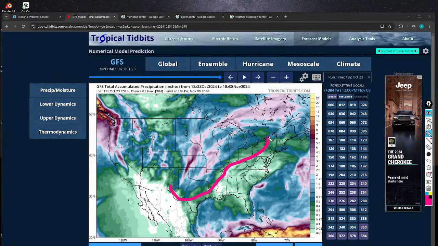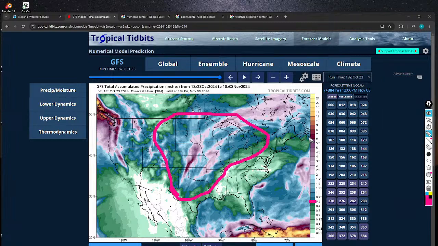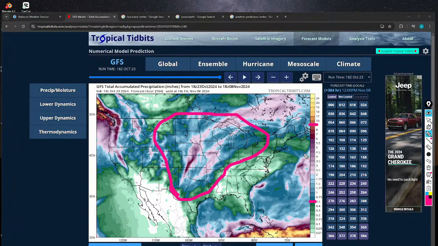So where I circle is all the states that are going to get a decent amount of rain. From like here to a maximum of like here. So the 9-inch area will probably be around here, and including here.